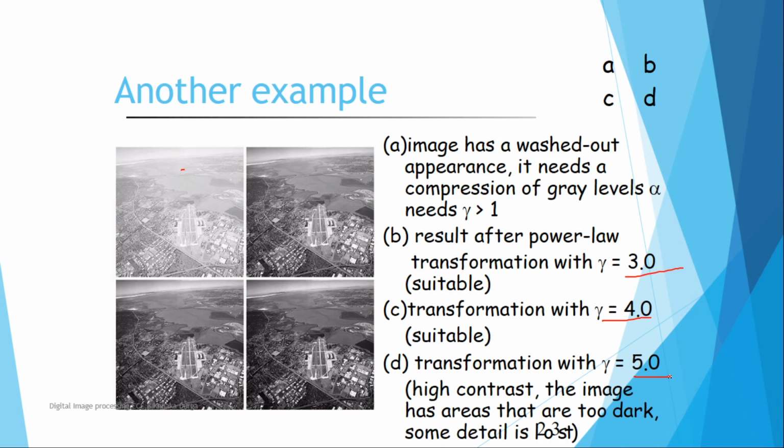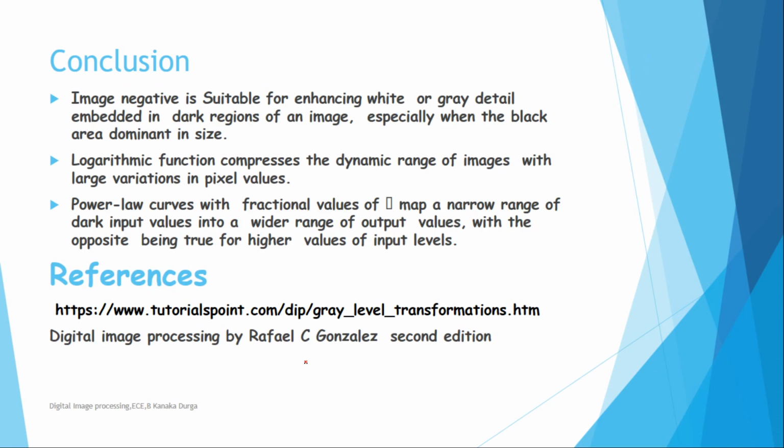It is a high contrast image where the area is too dark in this projection. So whether we increase the gamma too much or decrease it too much, we lose information from the photographs. So we have to consider the proper gamma value and the proper gamma correction value.